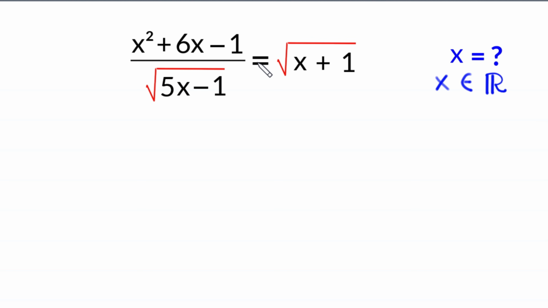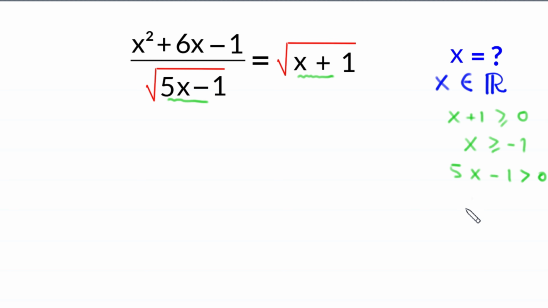Let's start our solution. For real solutions, this x plus 1 must be greater than or equal to 0. This implies that x must be greater than or equal to negative 1. And this 5x minus 1 must be greater than 0.